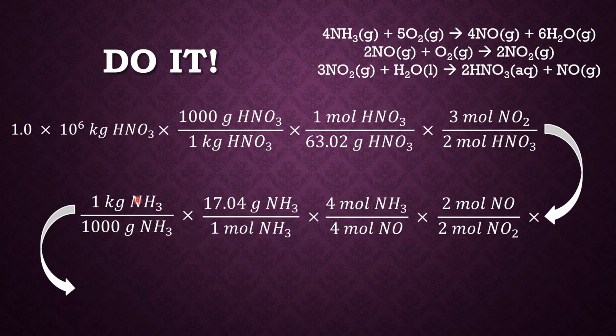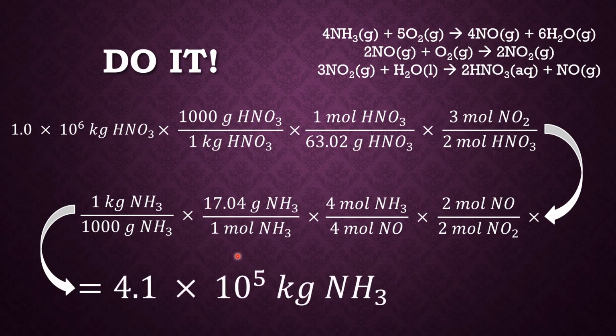So in order to plug this into your calculator, it's just 1.0 times 10 to the 6th. Again, this one and this cancel. Divided by 63.02, times 3, divided by 2. These two cancel. These two cancel. Times 17.04. And your final answer is 4.1 times 10 to the 5th kilograms of ammonia.